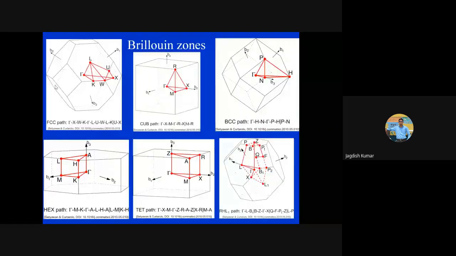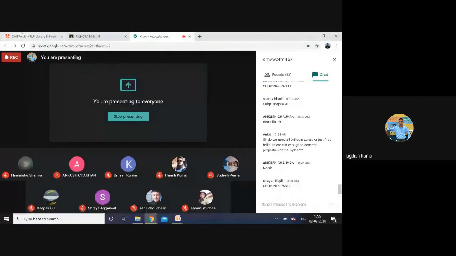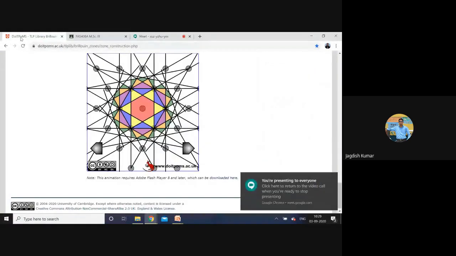So these Brillouin zones are very, very important in condensed matter physics. If you don't understand the Brillouin zone, you can't understand condensed matter physics. So I give you time till tomorrow. I have tried to make it far more simple for you all. But still, if there are doubts, you go to the website which I told you. You can again note this DOI.